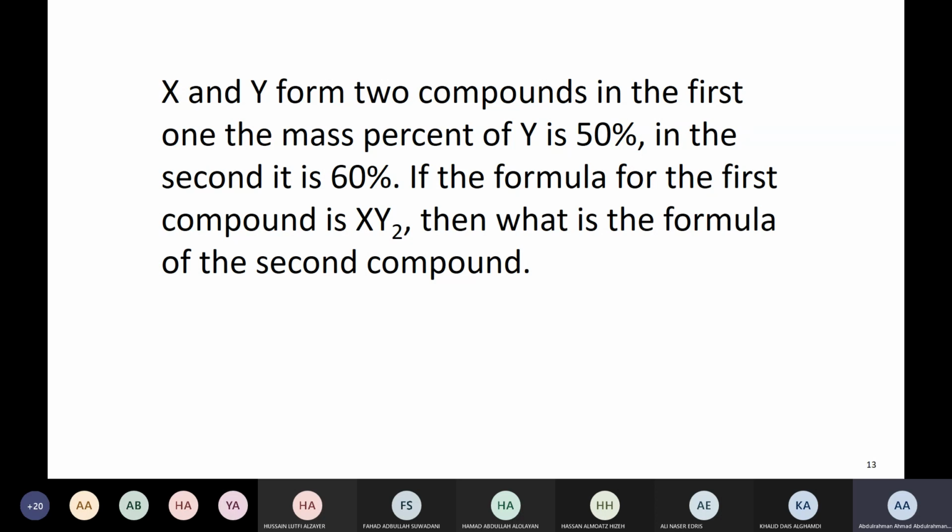Remember the law of multiple proportion? We have here two compounds, compound A and compound B. In compound A, the amount of Y was 50%, and in compound B, it was 60%.